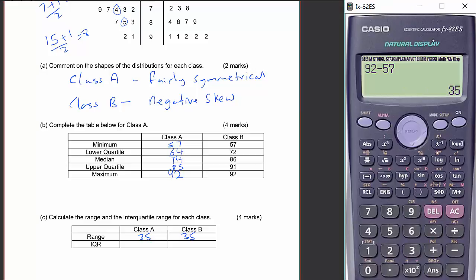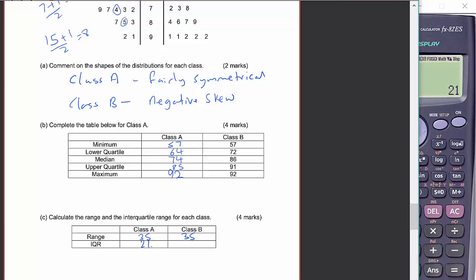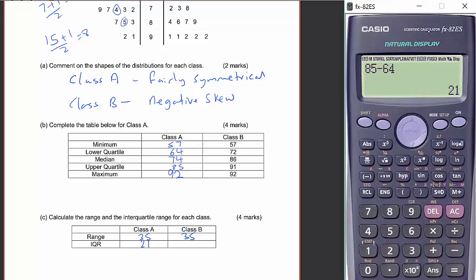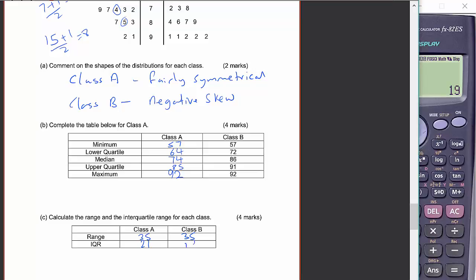Then the interquartile range for class A, we've got 85 take away 64, which is 21. And then for class B, we'd have 91 take away 72. That gives me 19.